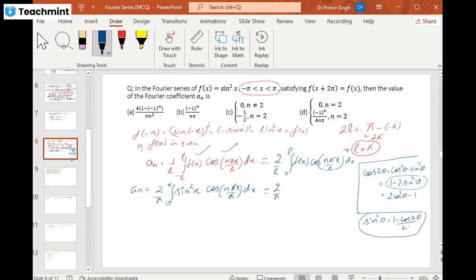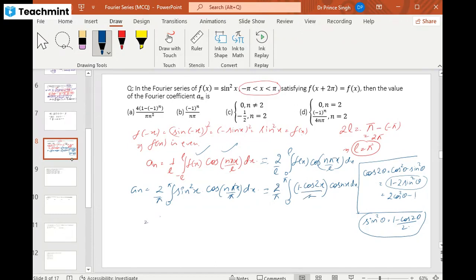This is 2 upon pi, integral 0 to pi, 1 minus cos 2x upon 2, into cos nx dx. So this 2 and 2 get cancelled out.